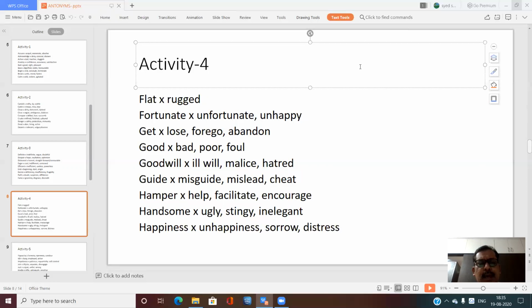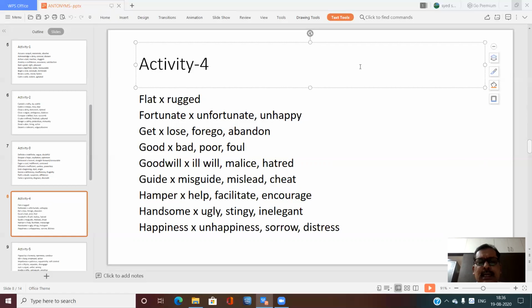Next, hamper. Opposite words: help, facilitate, encourage. That is discourage, you can say, demotivate. Handsome.